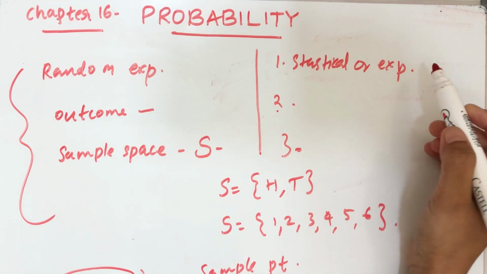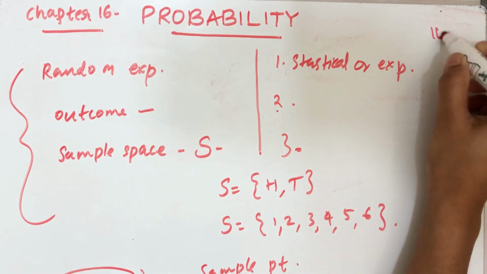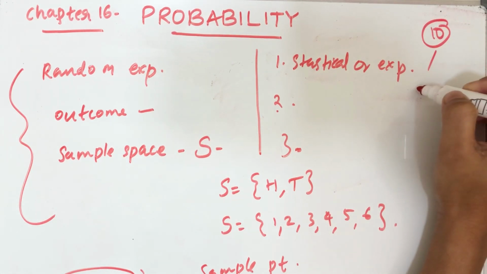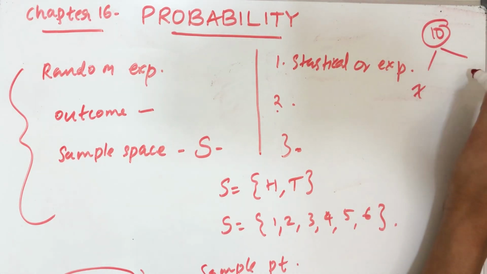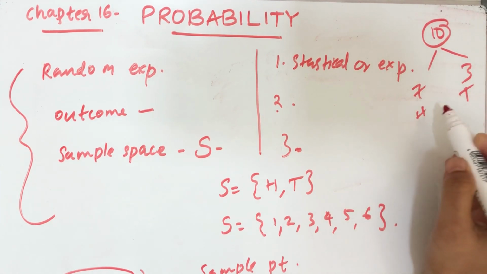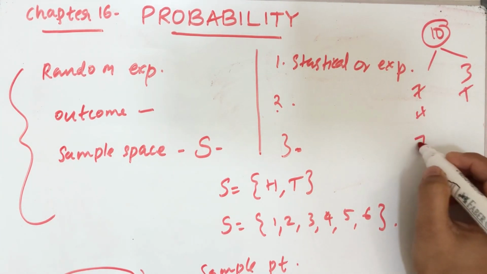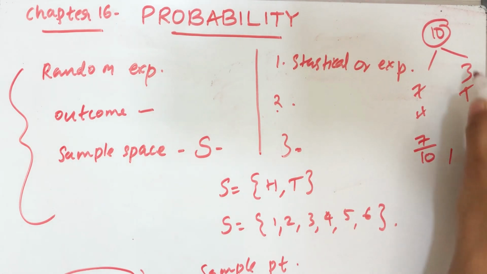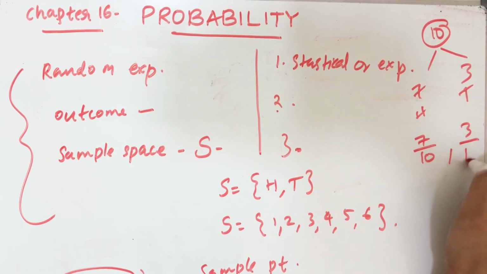For example, if we toss a coin 10 times and it appeared head 7 times and tail 3 times, then the probability of getting head is equal to 7 by 10 and the probability of getting tail is equal to 3 by 10. That is, it is based on the number of trials.